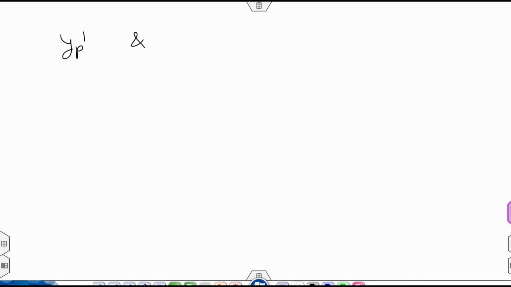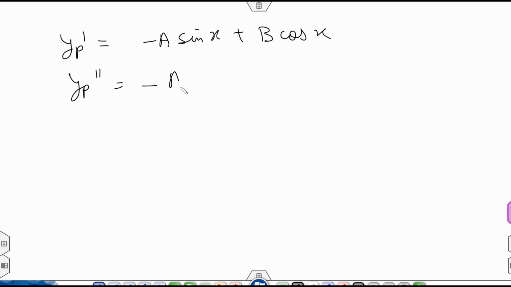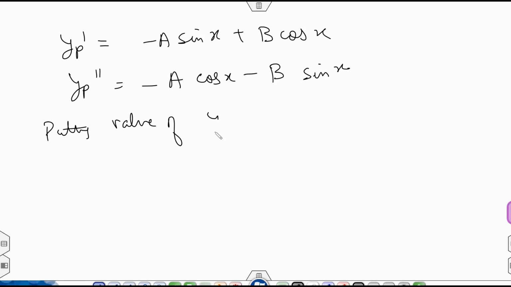So let us find yp dash. This is equal to minus a sin x plus b cos x, and yp double dash will be minus a cos x minus b sin x. Now putting the values of yp dash and yp double dash in the equation, what will we get?